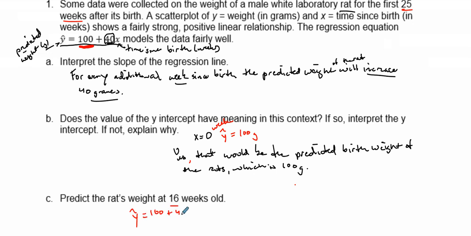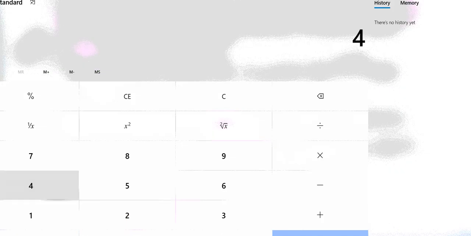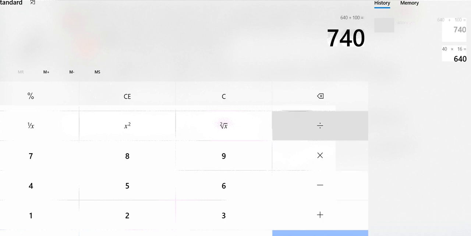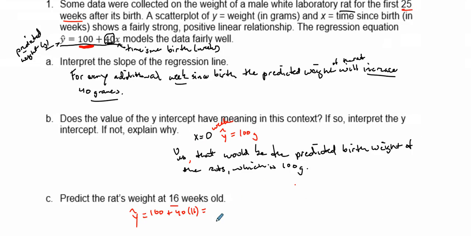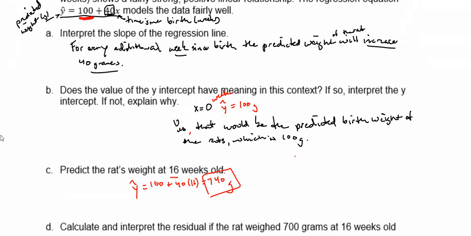So we have 40 times 16 plus 100, and we get 740 grams. That's a big rat. Well, in any case, that's how much the rat would weigh, whether it's a good prediction or a bad prediction.